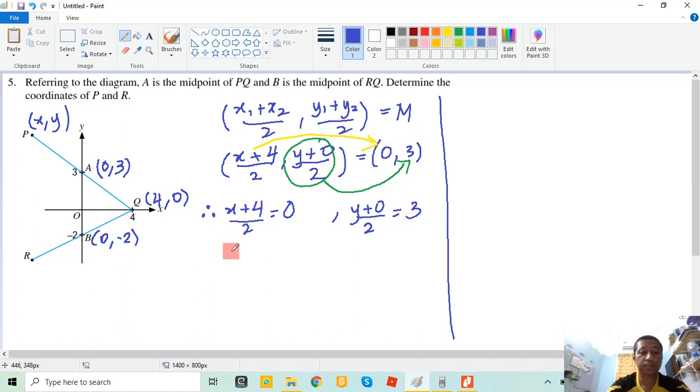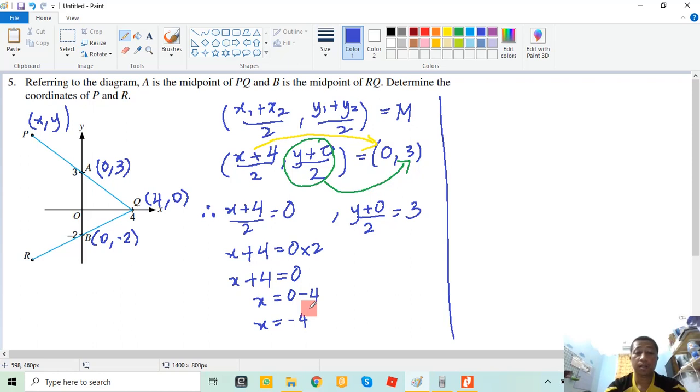So x plus 4 equal to 0. The 2 moves to the right-hand side, times 2. So x plus 4 equal to 0 times 2, which is 0. So x equal to 0 minus 4, and x equal to negative 4.